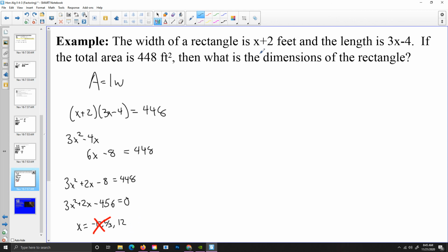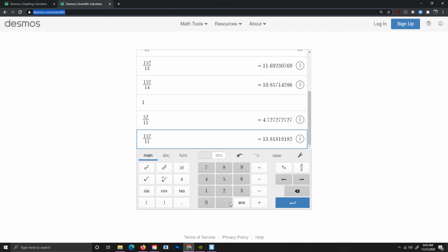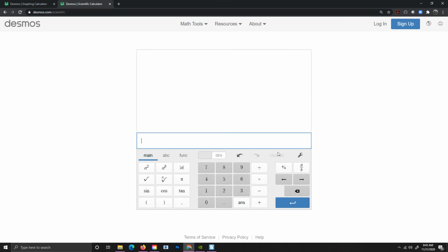So we have 12 plus 2 will give me 14, and then 3 times 12 minus 4 will give me, let's see here, 3 times 12 is 36, minus 4 is 32. And so if I go 14 times 32, if we go back to our calculator, and we go 14 times 32, we get the 448.